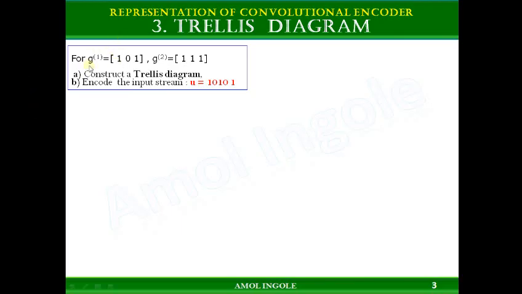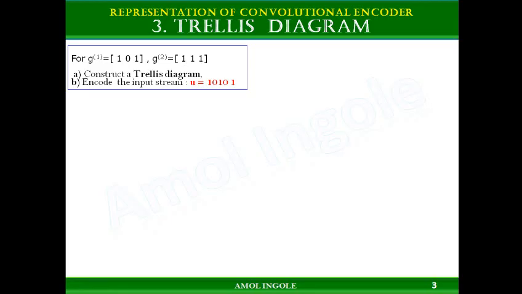This is the statement of the numerical where two generator sequences, G1 and G2, are given, and you have to construct a trellis diagram and encode the input stream. There are 5 bits in the input bit stream, U is 10101. The first thing that you have to do is construct a response table, because to construct a trellis diagram, the first thing you will need is a response table.